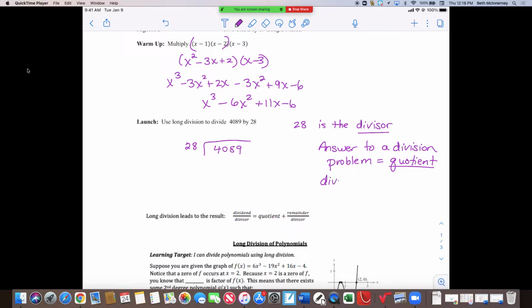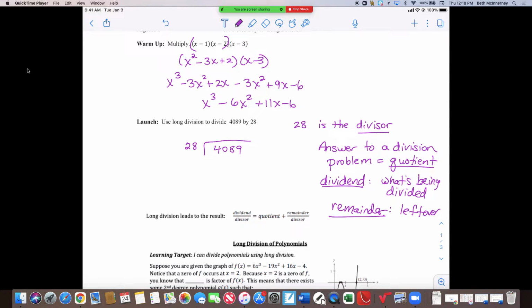The dividend is what's being divided, and your remainder is what's left over.